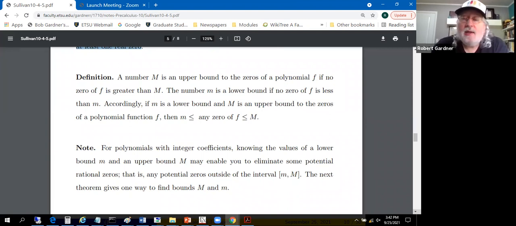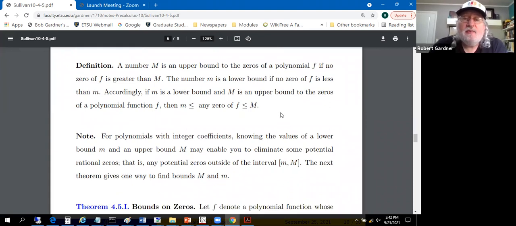Another little definition, and something that will allow us to go through under certain circumstances and have a certain place where zeros could be. So this puts an upper and a lower bound on where the zeros might be for a polynomial function under certain conditions. First, the definition says a number capital M is an upper bound to the zeros of a polynomial f if no zero of f is greater than capital M, upper bound.